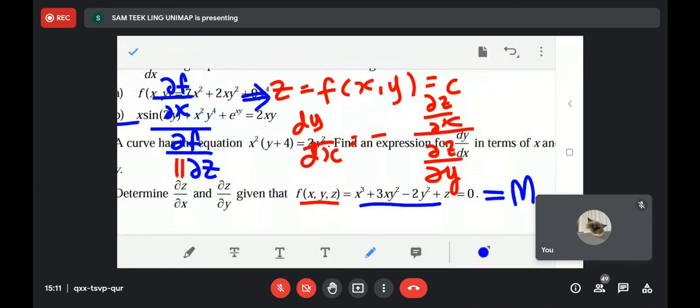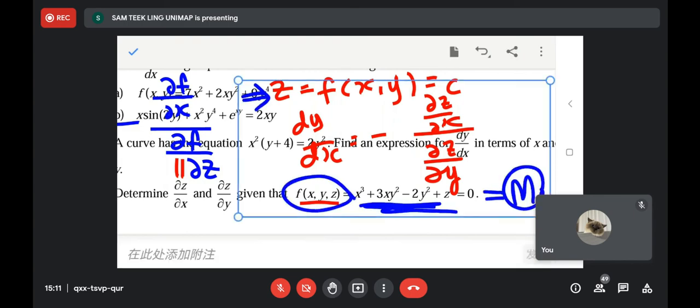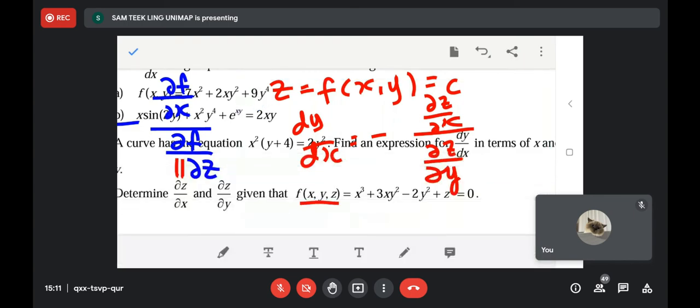For this one, you only let this one equal m, so your f(x,y,z) equals m. It's no problem. Depending on whether you want to equal f or m, it's no problem.